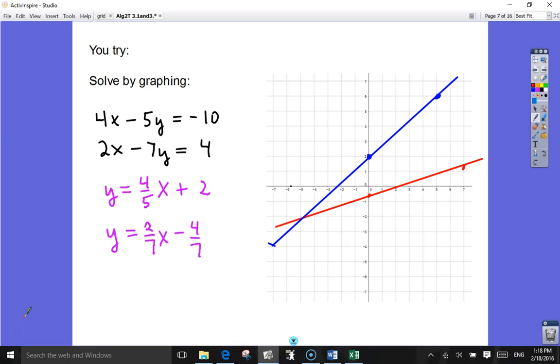The second one, -4/7, which puts it about in between 0 and -1, but maybe there. And you're going to go up 2 and over 7. Draw a line. So that's the solution right there, and you can estimate the point. What are the coordinates of that point? -5, -2.